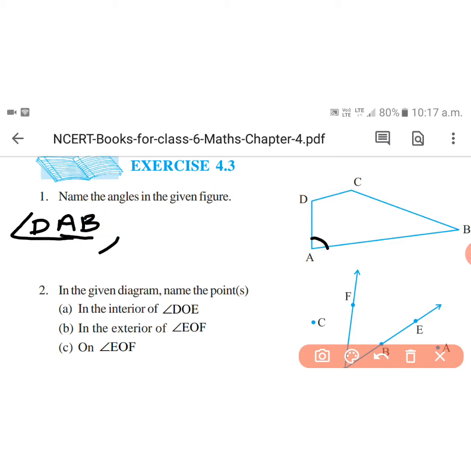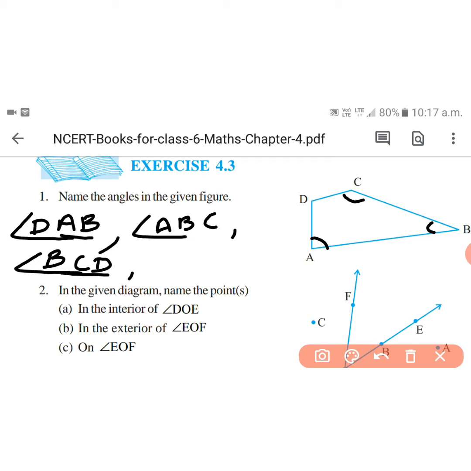To write angle B, we can write it as angle ABC. To write angle C, we write it as angle BCD.